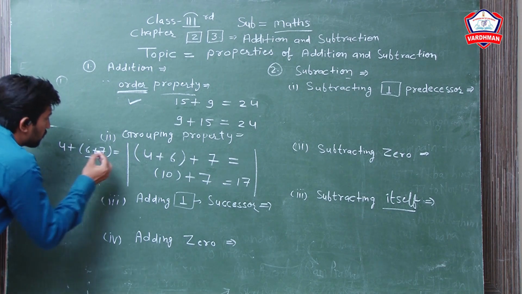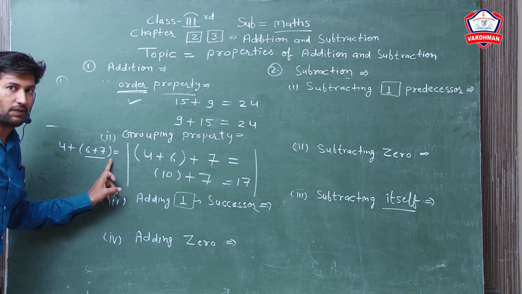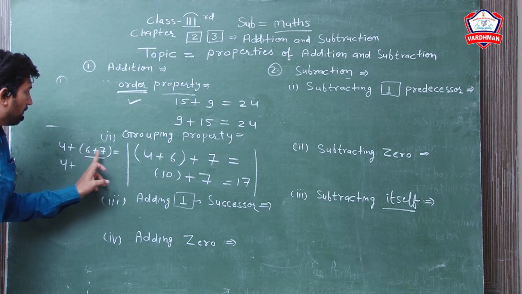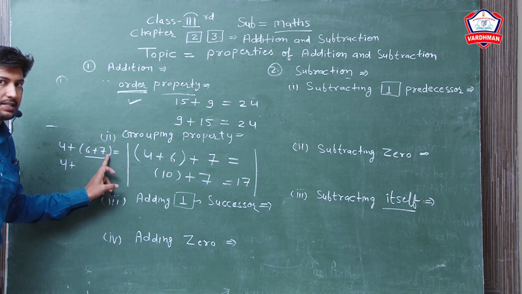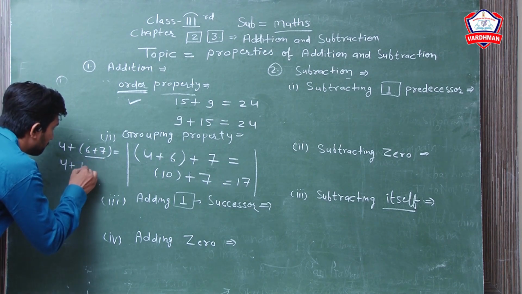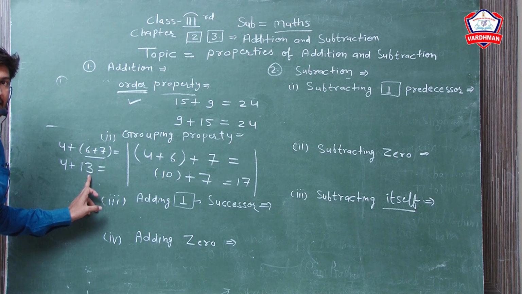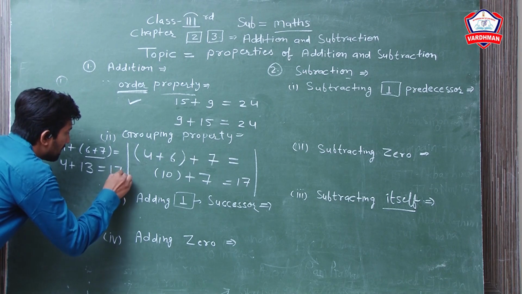First solve this small kostak: 7 and 6, 6 and 7 is 13. Now 4 add by 13, your resultant is 17.